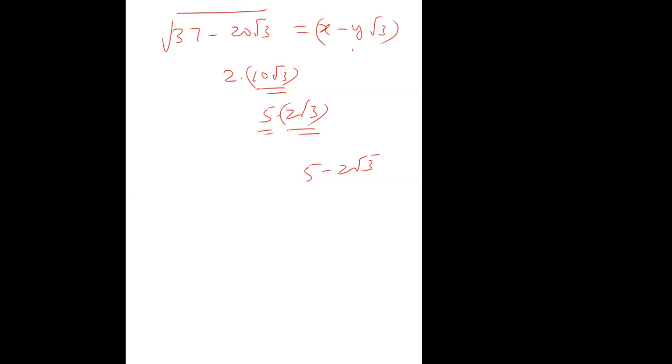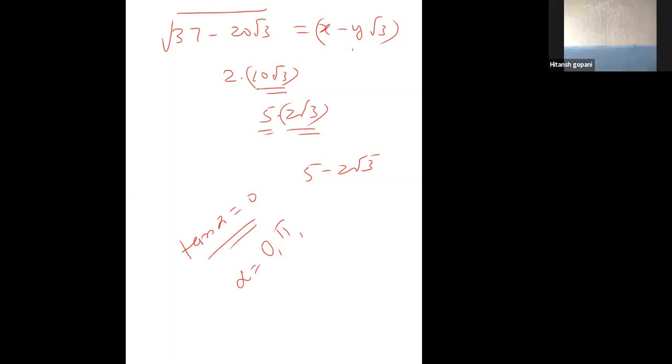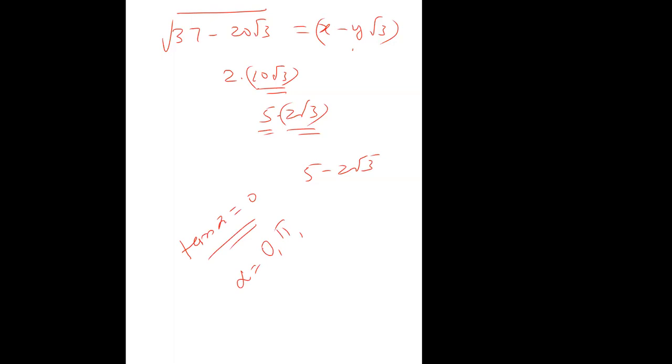If I'm saying tan alpha is equal to 0, what is the value of alpha? 0. Alpha is equal to 0. Why pi is not possible? Yes, yeah, pi is also possible.